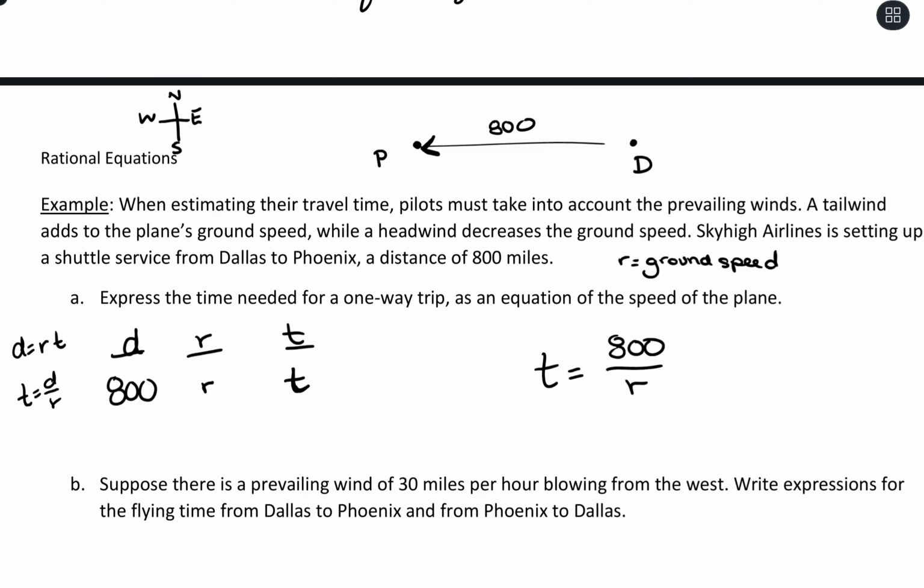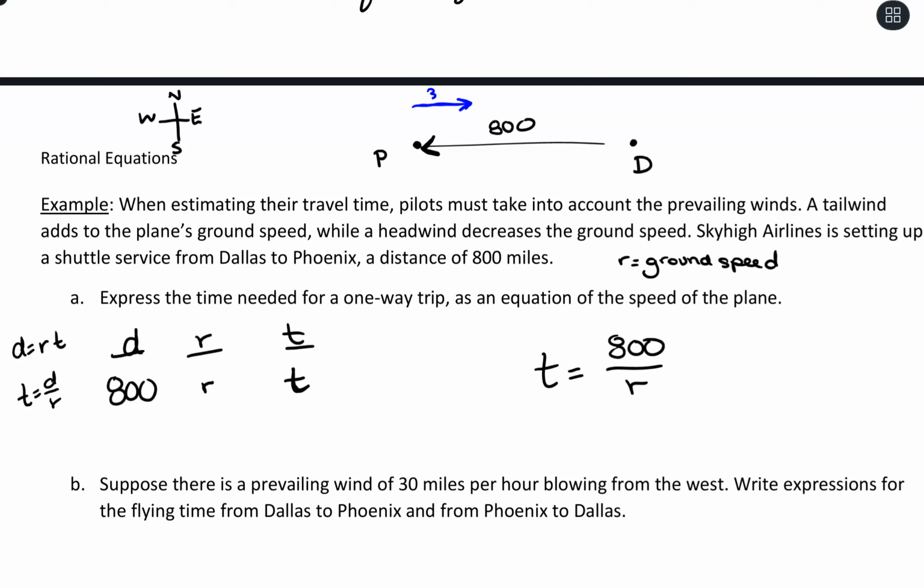Suppose there is a prevailing wind of 30 miles per hour blowing from the west. So we're going to add a wind from the west to the east of 30 miles per hour. Write expressions for the flying time from Dallas to Phoenix and from Phoenix to Dallas.